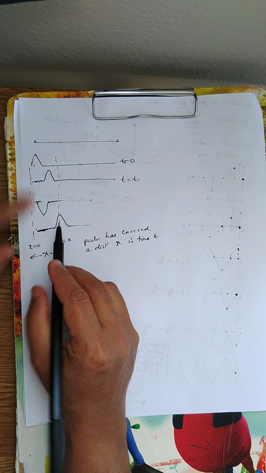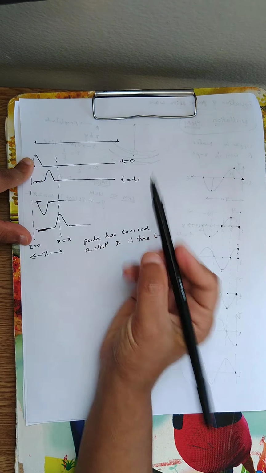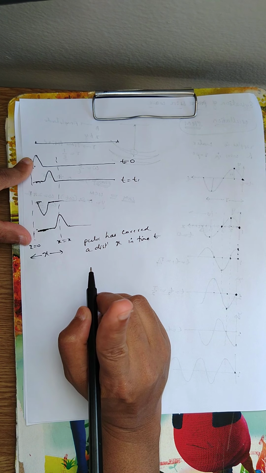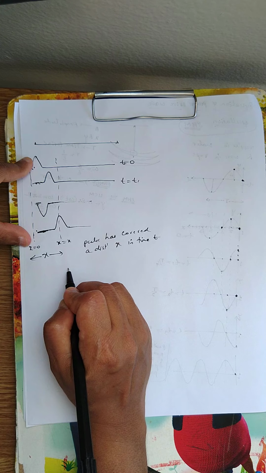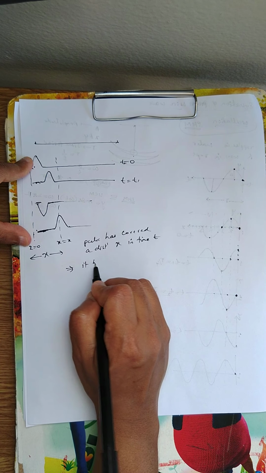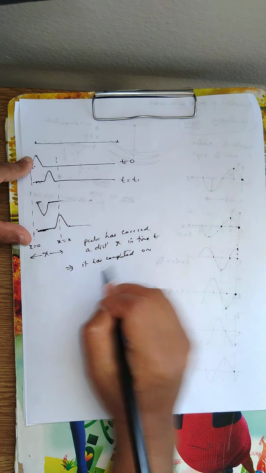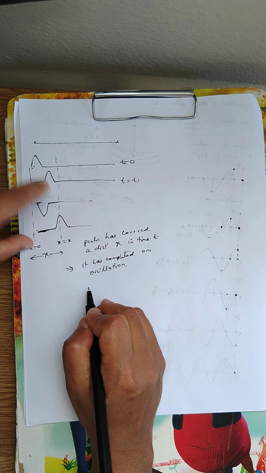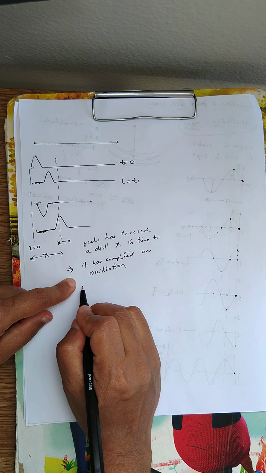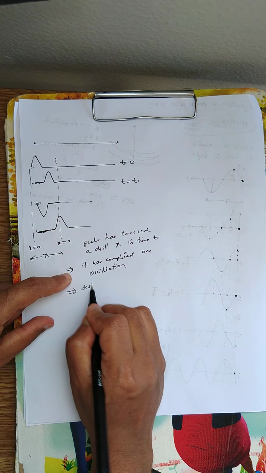Now if I say by the time it has covered distance x, the peak which was here has come here, that means it is one complete oscillation, right? So it has completed one oscillation. So tell me, what is the distance traveled? Distance traveled should be one wavelength, correct?